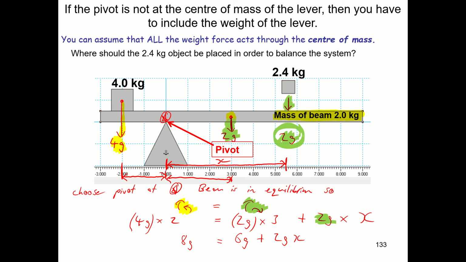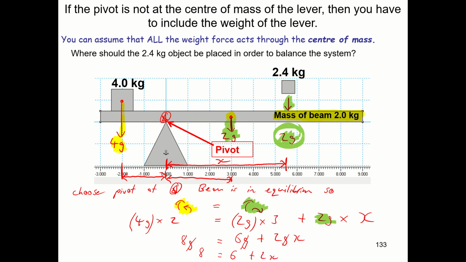Right, so what I want to do is divide everything by g. So these will all just vanish. And that would leave me with 8 equals 6 plus 2x.